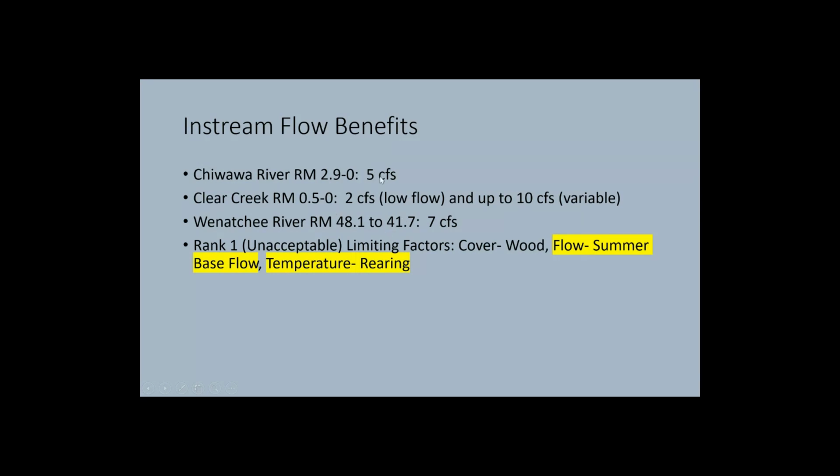If you add those two up, the 5 CFS and the 2 CFS during low flow, then we would be benefiting the Wenatchee River for about 7 miles at 7 CFS. So again, we're working in a Tier 1, rank 1 area for summer base flow. There are also some concerns about temperature, and we'll be assisting with that as well.